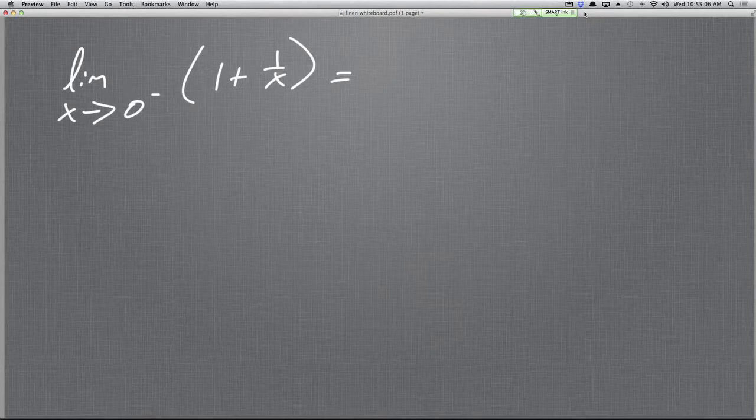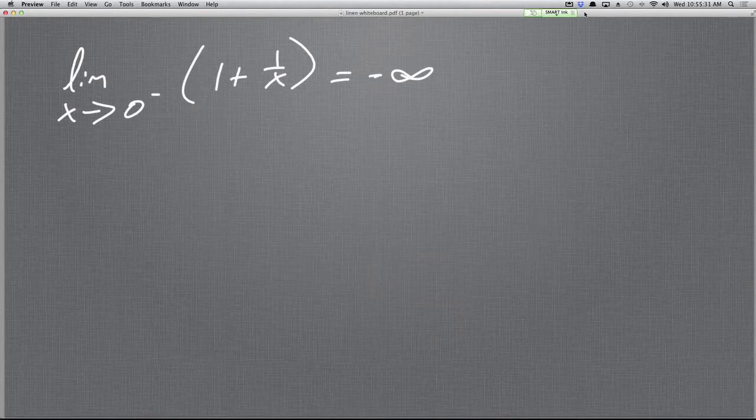The number just to the left of 0. If I plug in a number just to the left of 0, it's going to be negative on the bottom, which makes that fraction negative. And all I care about is that fraction, which means this is going to negative infinity. So as we approach 0, we're going to negative infinity.